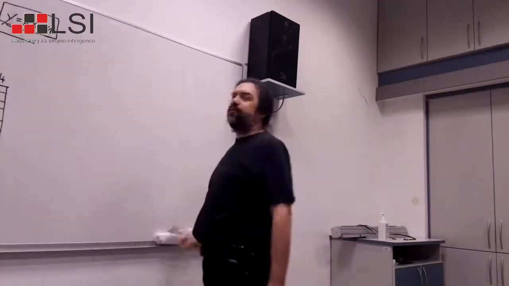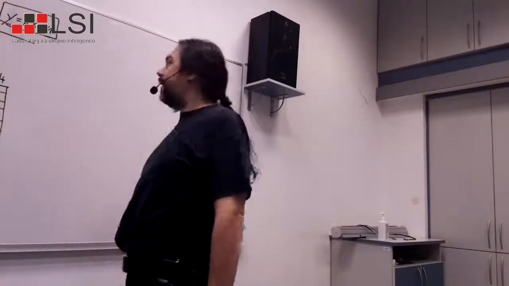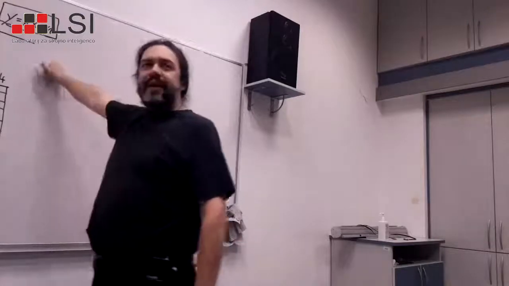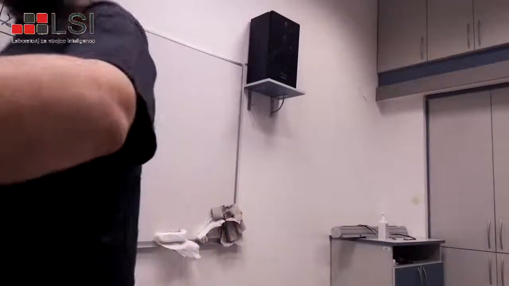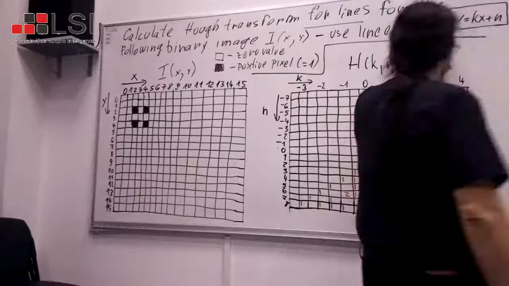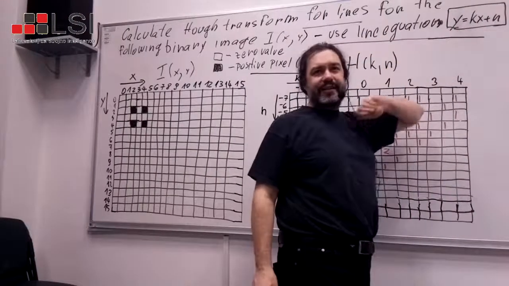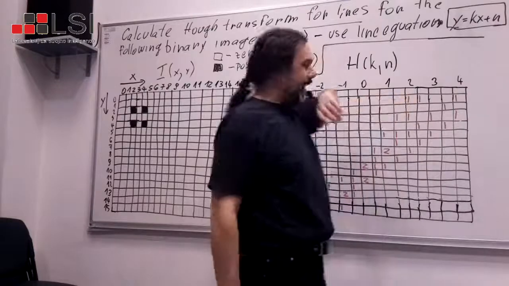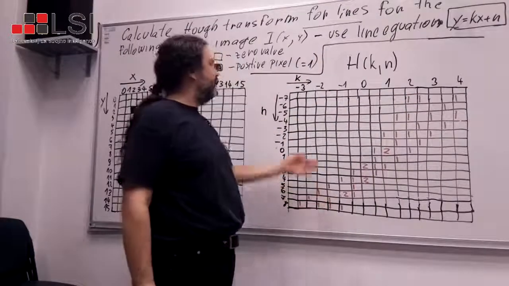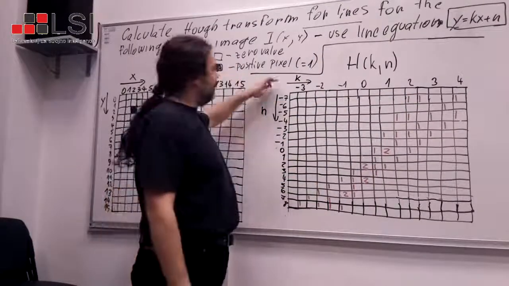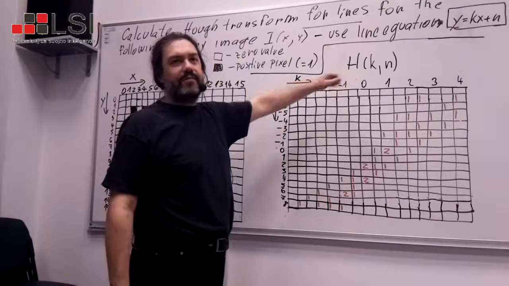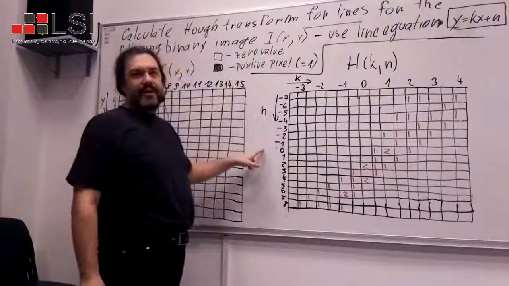We filled our accumulator, and we go back to basics. So what we have here is the original equation of the line that we used. And what we have in the Hough accumulator, again, remember, this is the k dimension, and this is the n dimension.